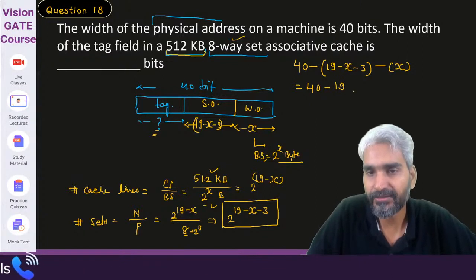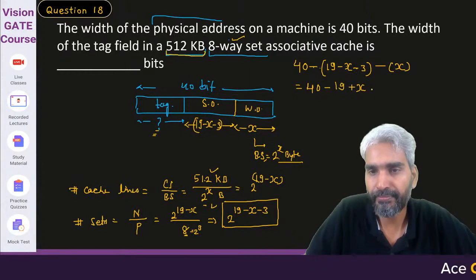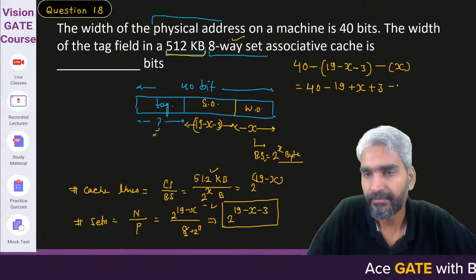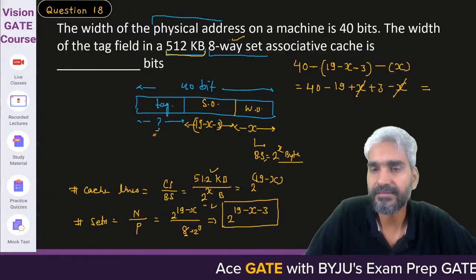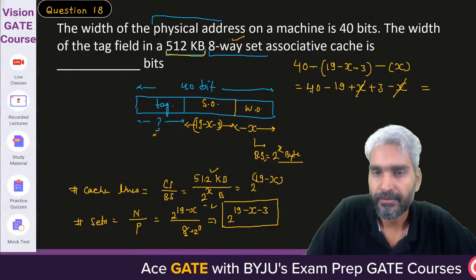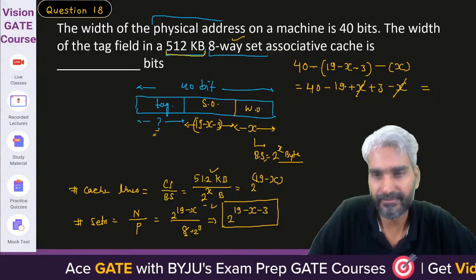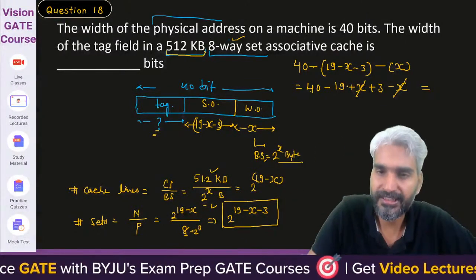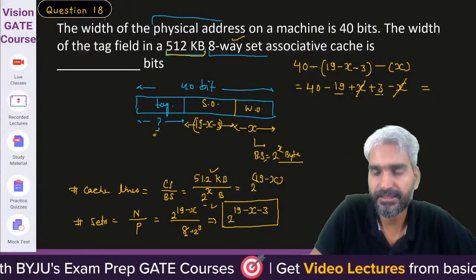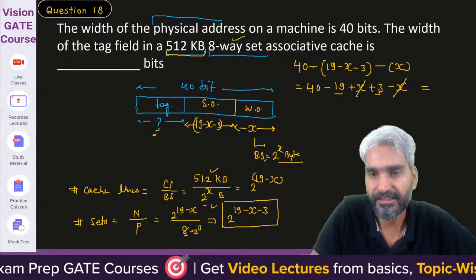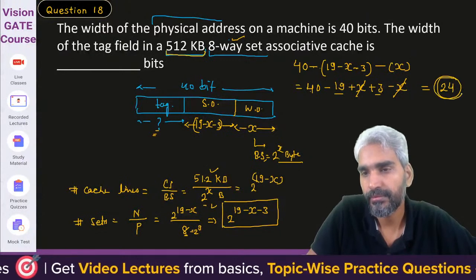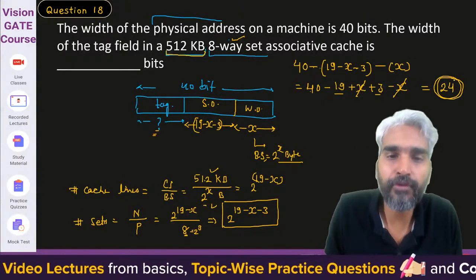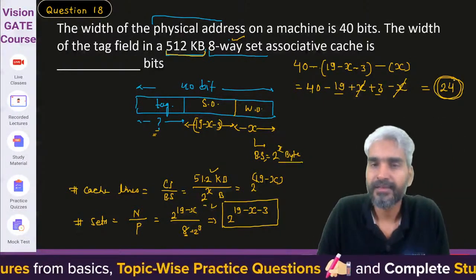This minus will become plus X. This minus will become plus 3 minus X. X is cancelled out. This becomes 43 minus 19 minus 3, that is 16. So 40 minus 16 will be 24. Clear? Is this okay?